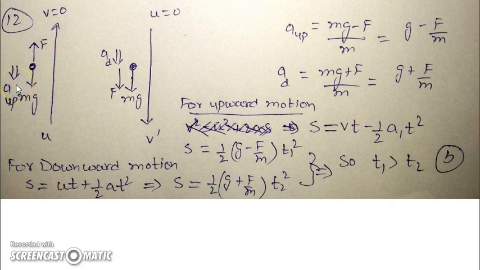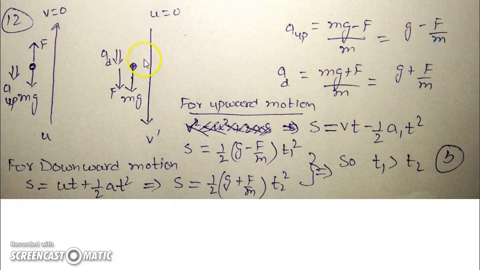So obviously it is slowing, so we can say a is in the downward direction. So we can write a as (mg - f)/m. A in the upward journey is (mg - f)/m, which is g - f/m.